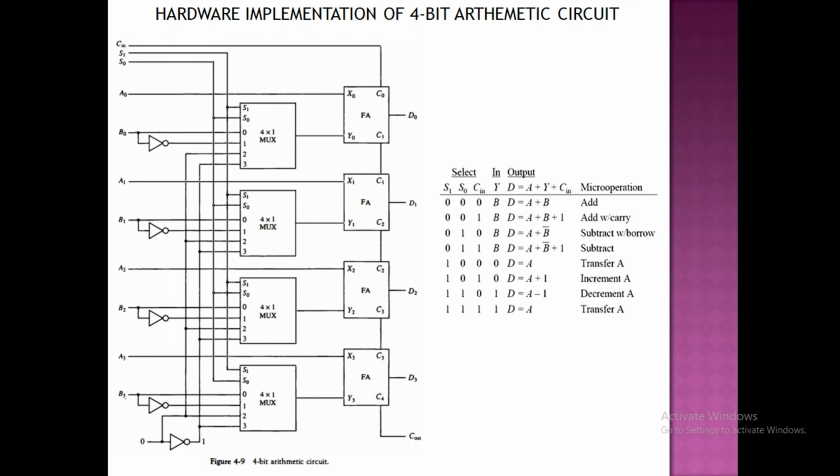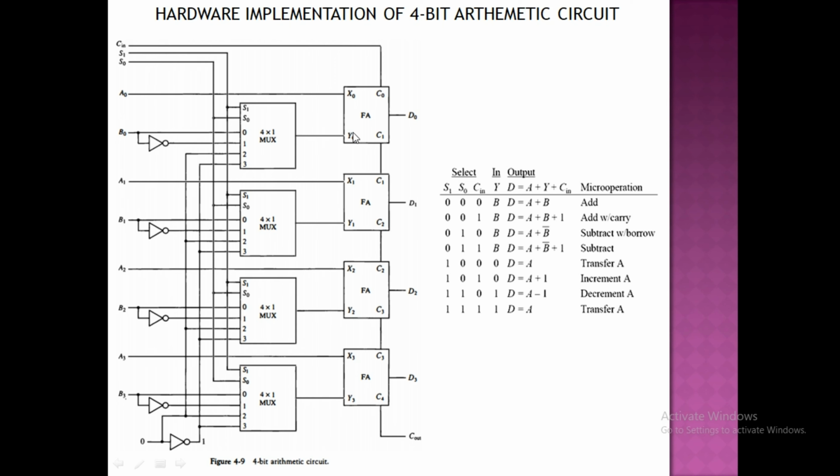Here when both the selection lines are 0, B0 is the input to the multiplexer. When B0 is an input, we get B0 as an output. A0 is the first input pin given to the full adder, and Y0 is an output pin which is given as an input to the full adder.